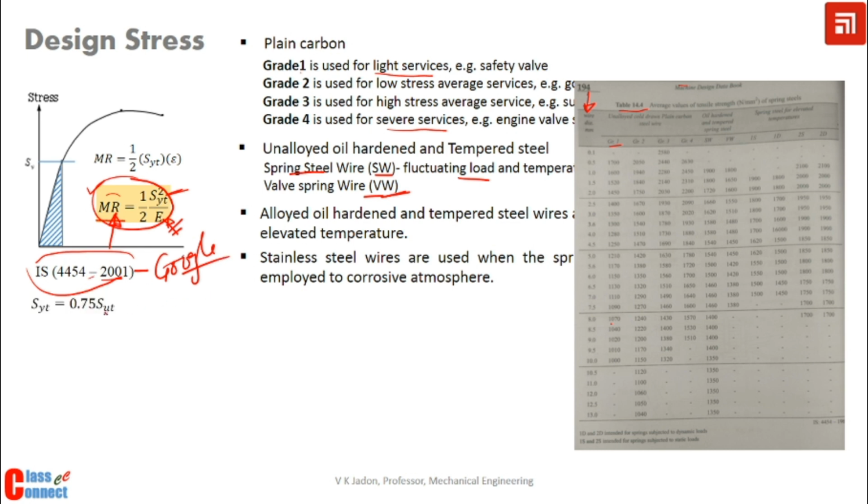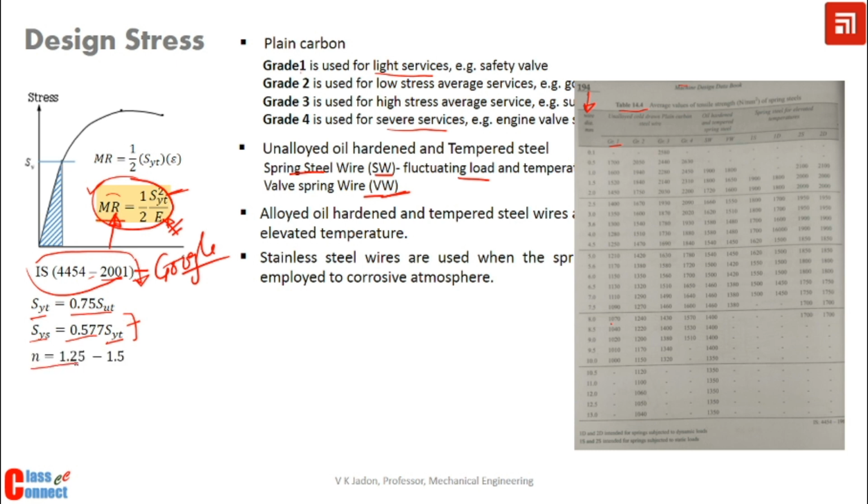So using this SUT, we can find out SYT as 0.75 times SUT. Then again, this is from the standard, and SYS is 0.577 times SYT, that is according to distortion energy theory.